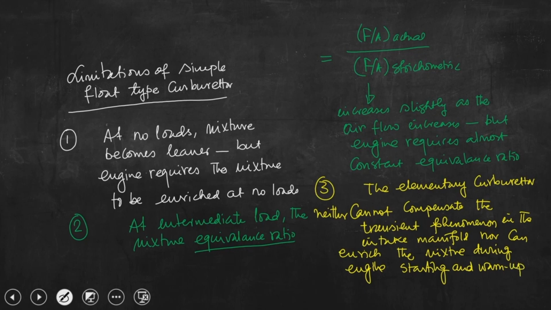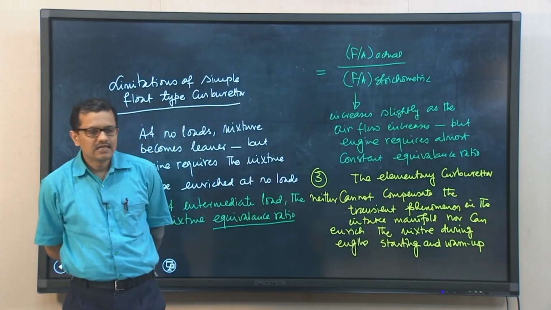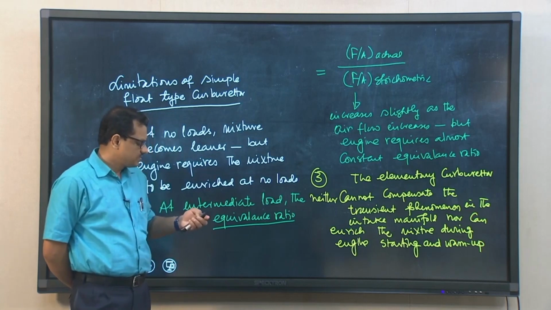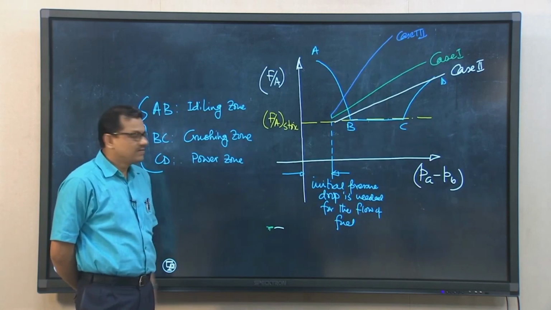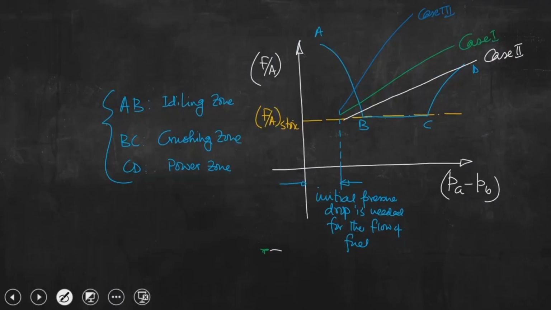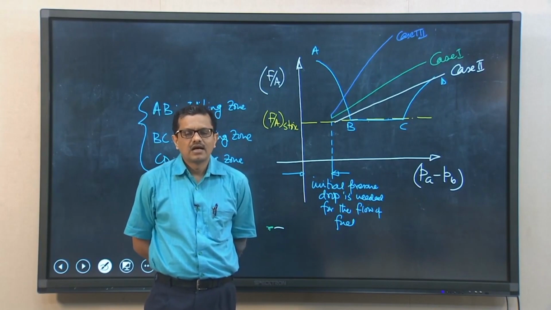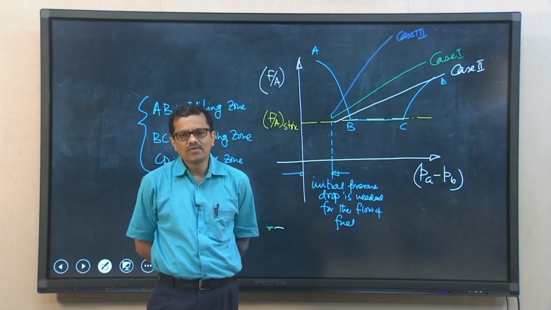So, this is very important. You know that if we go back to the previous slide, the idling zone is the zone in which the engine runs either during starting or warm up.